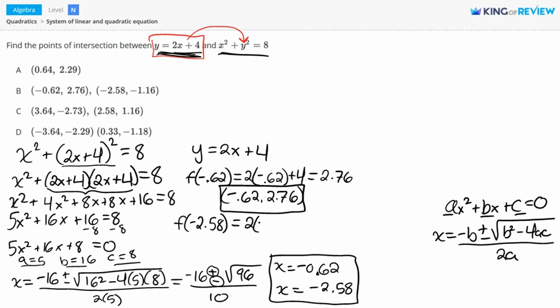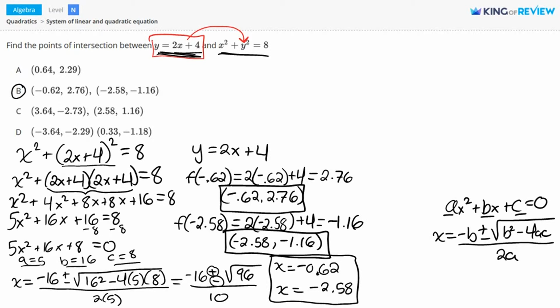This is 2 times negative 2.58 plus 4, and this equals negative 1.16. So I have a point of intersection at negative 2.58, negative 1.16. This is my second point of intersection. So letter B is correct.